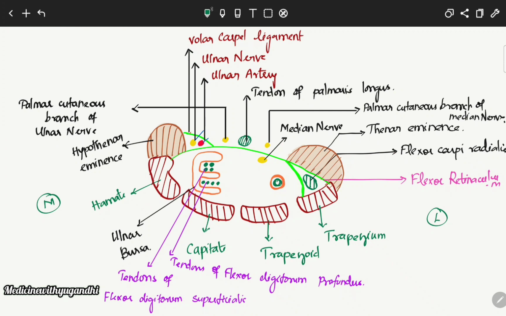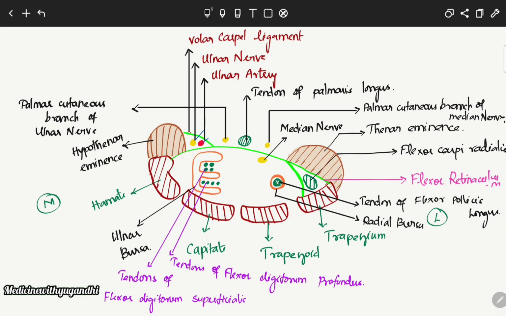As I already mentioned, the tendon of flexor carpi radialis lies deep to the flexor retinaculum within the tunnel made by the deep slip of the flexor retinaculum, which is attached to the groove on the trapezium.